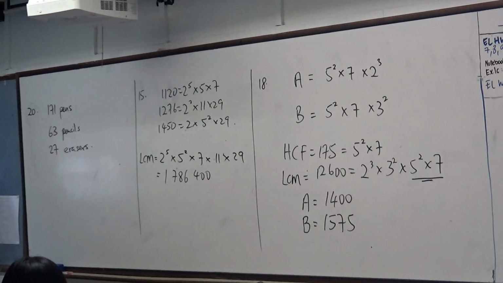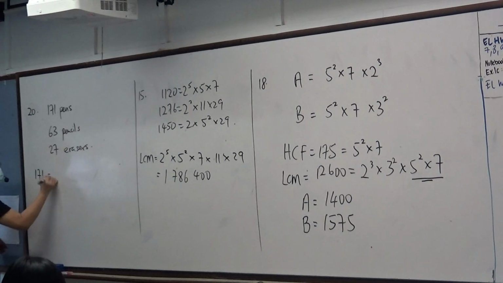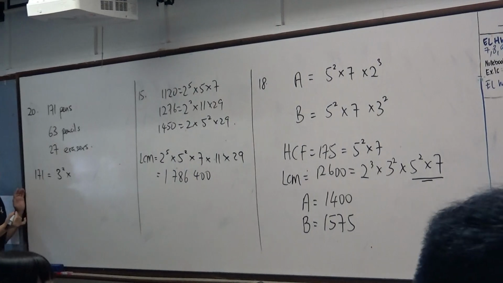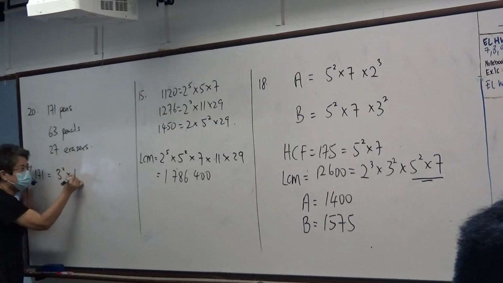Alright? Okay. You do the prime factorization, I'm not going to do it for you. What is 171 in prime factorization? 3 squared times what? Times 19. Okay.